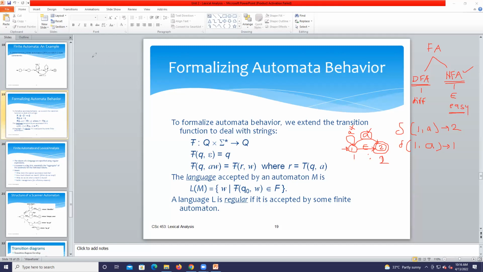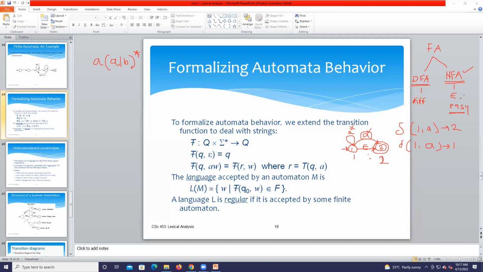Suppose the regular expression given to you is, let us say, A followed by (A or B) star. Now for this regular expression, if I start drawing DFA, it will be difficult for me. So I will draw NFA for it, because it is easier.